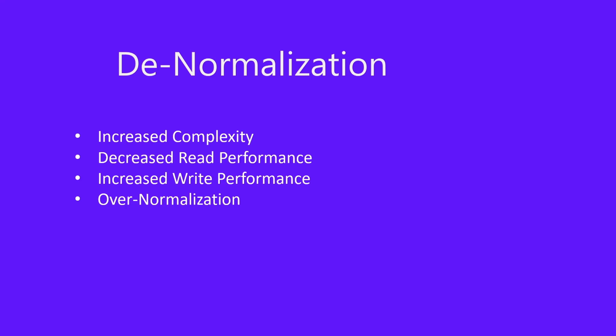Why does it increase the write performance? From the ETL point of view, we are gathering the information from multiple tables at the source. We have to read the OLTP data, which is data in multiple tables, make a join between them, and then dump it into one table only. So it increases the write performance. But from the data warehouse point of view, read is important.